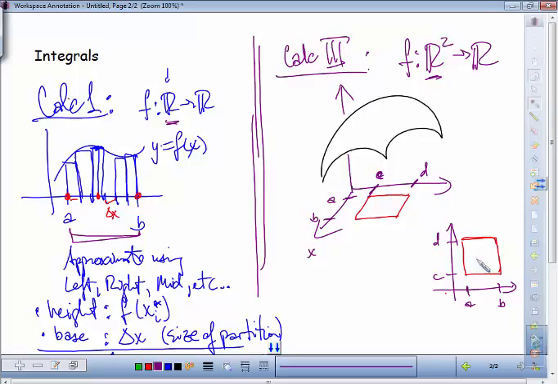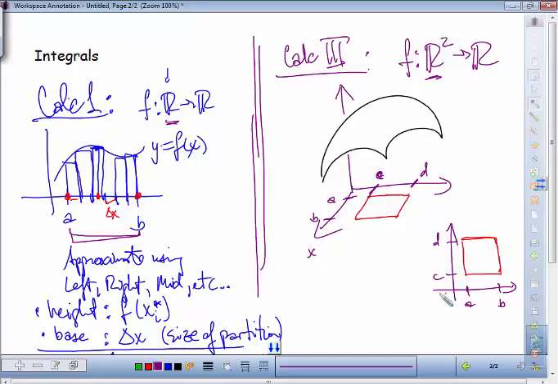So already our drawing gets a little bit more complicated in the sense that I'm not just looking at the number line. This is like the same story with the limits. In the limits, you go from left to right, limit from the left, limit from the right. There's only two sides to come in. So over here, it's not quite the same, but it's the same idea. It's not just an interval from A to B. It's an actual two-dimensional region.